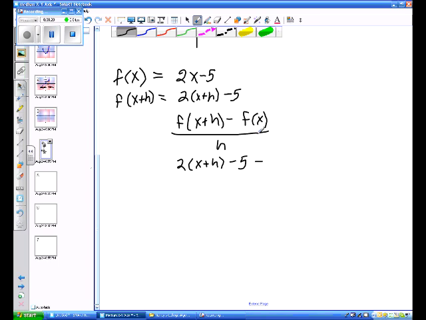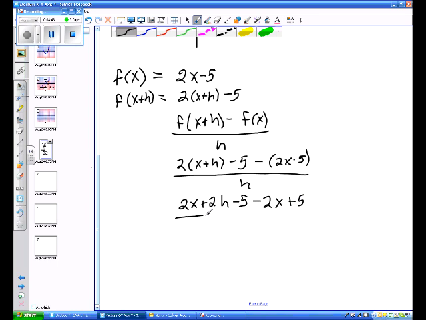Minus f of x, and I'm going to put it in parentheses because there are 2 terms, 2x minus 5, all over h. Let's remove our parentheses, so we'll distribute: 2x plus 2h minus 5 minus 2x plus 5, a negative times a negative, divided by h.